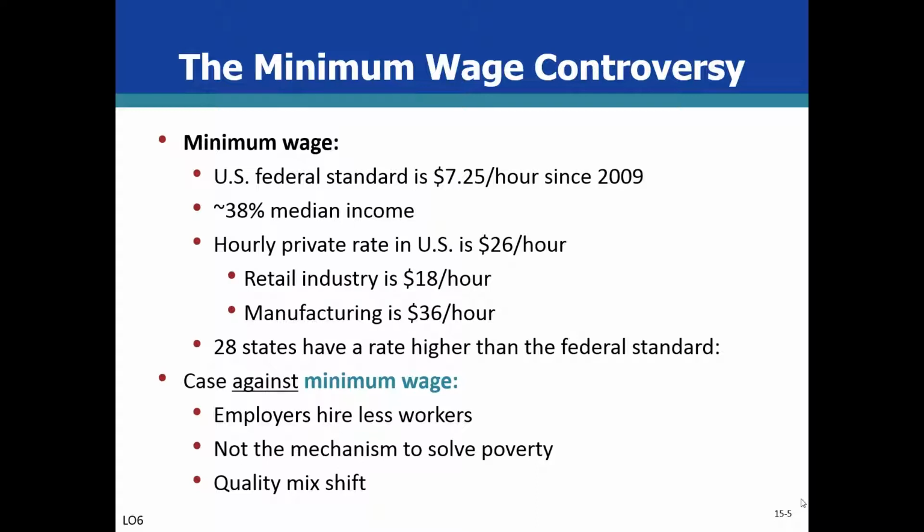Some economists have made arguments against the minimum wage. They argue that increasing the cost of labor will reduce the demand for labor, that people will lose their jobs. They have also indicated that increasing the minimum wage is not the mechanism to solve the poverty problem in the United States.